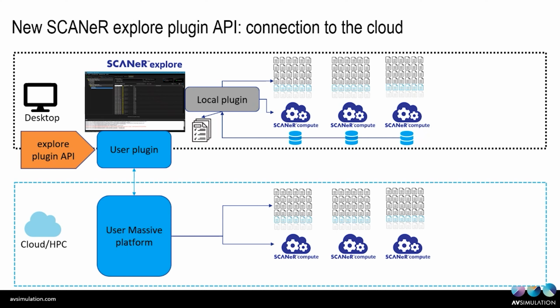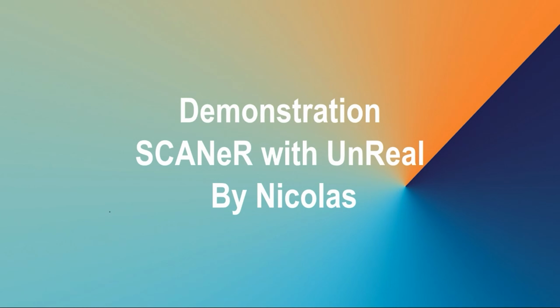If you want to run some of your scenarios on a local desktop, you can, and then with this new user plugin that you can develop with the Explore plugin API, you can easily execute the same scenarios on a massive platform. The change between a local desktop and a massive platform is way easier, and you can use this common database of scenarios and run all of them very easily on the desktop, but also on a massive platform. So that's it for the main features.